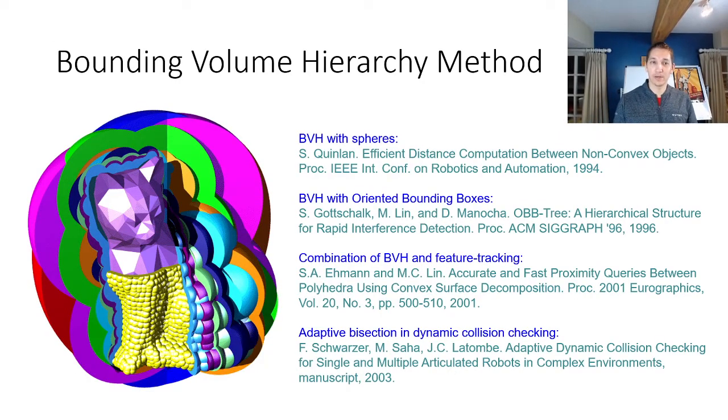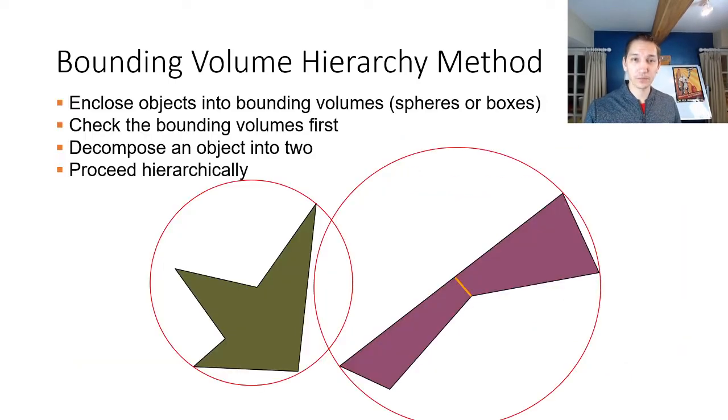Lastly, we'll talk about bounding volume hierarchy methods. The idea here is that we'll take the underlying geometry, in this case a cat, and represent parts of the geometry using progressively larger and larger bounding volumes, in this case, a bunch of spheres. It doesn't have to be spheres, and in fact there are lots of different types of bounding volumes out there, but for now we're going to talk about spheres just to get a sense of how this works.